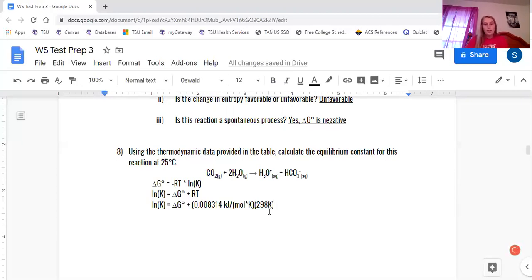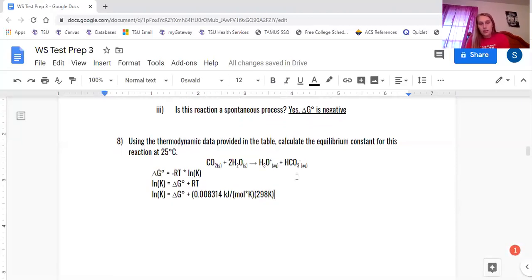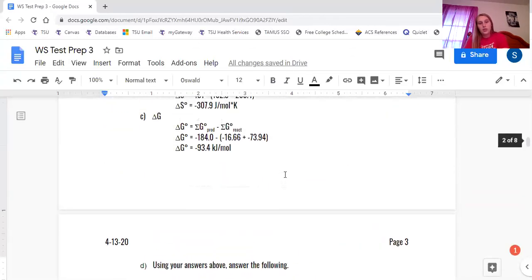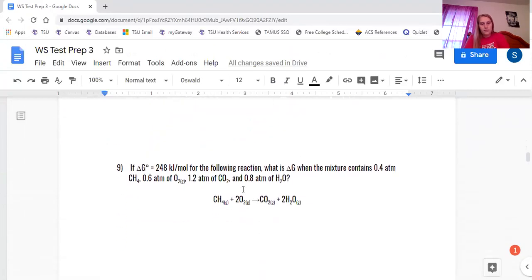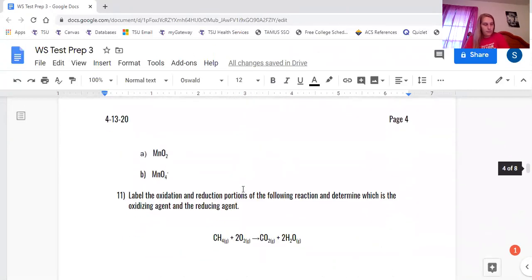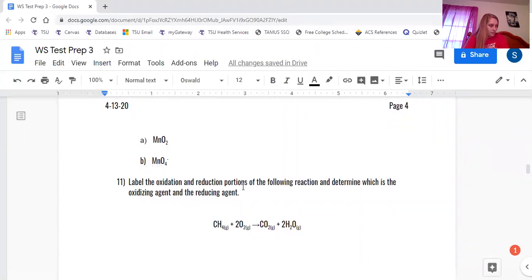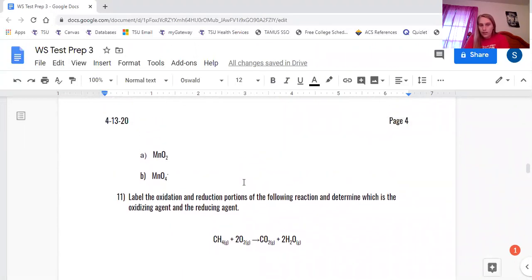So we have that. Now we need to find our delta G in order to solve this. So just like before, like we did delta G up here, it's going to be that same process again to get our answer. Oh shoot, I typed that wrong.